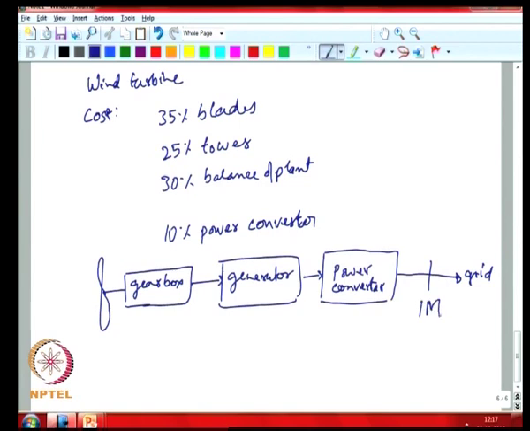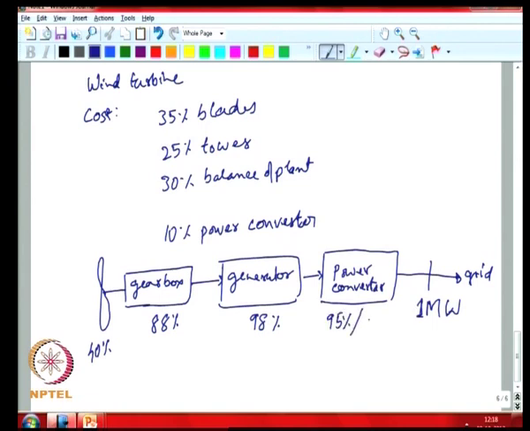and say your objective is to generate 1 megawatt being injected to the grid, and then you can calculate what would be the power input. We will assume that 40% of the energy in the wind is being captured by the blade, say 88% efficiency in your gearbox, 98% efficiency in your generator, and you have say a couple of converter options.